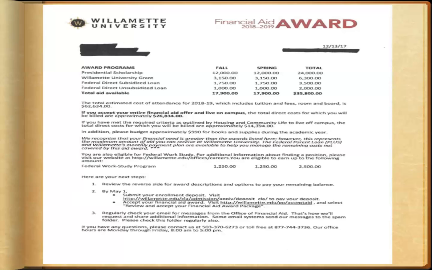And then this one breaks out the student's work study program. So this student got work study in the amount of $2,500. So that was his to earn over the course of the year, and that would go directly to him in the form of a paycheck. However, because it goes to him, that doesn't necessarily mean he can spend it on what he wants.